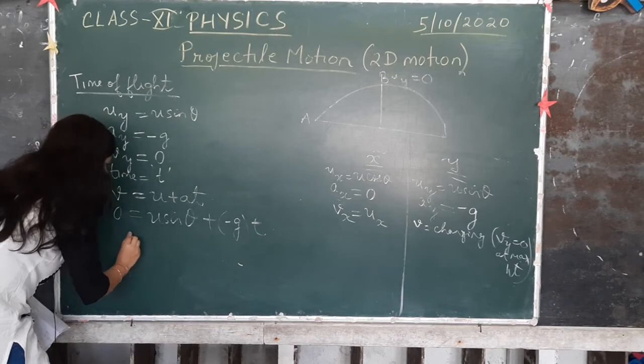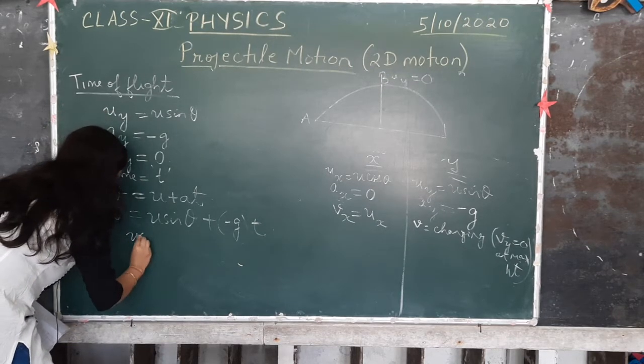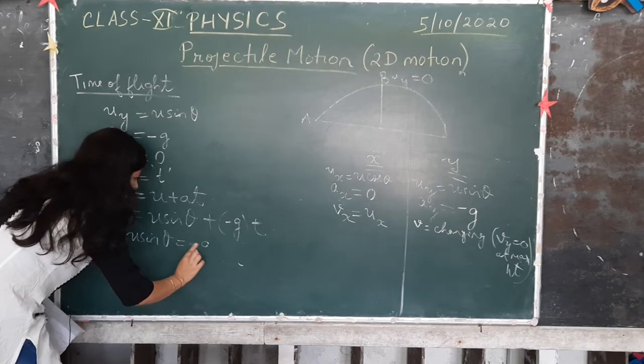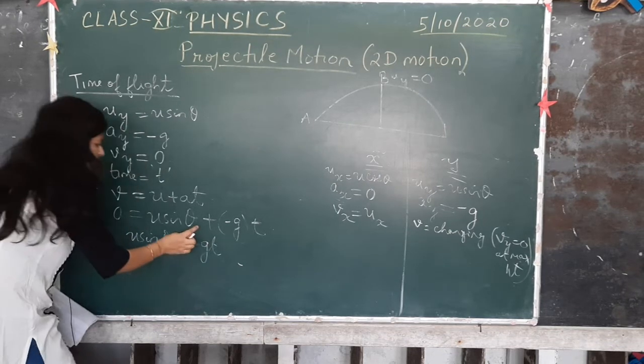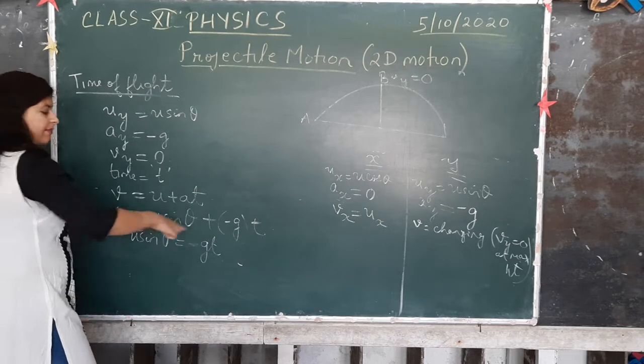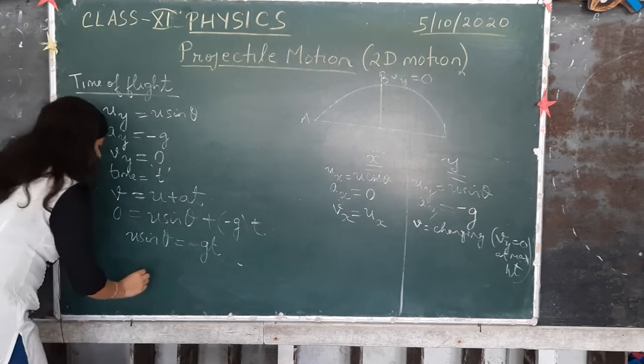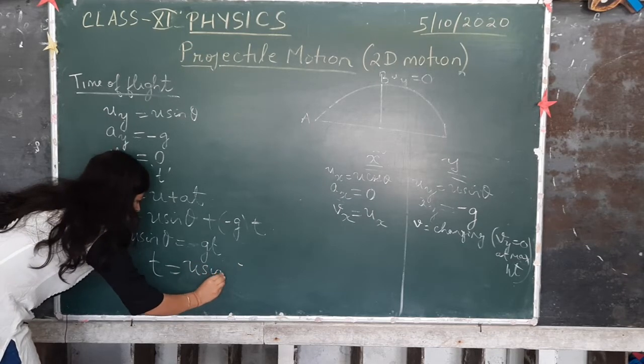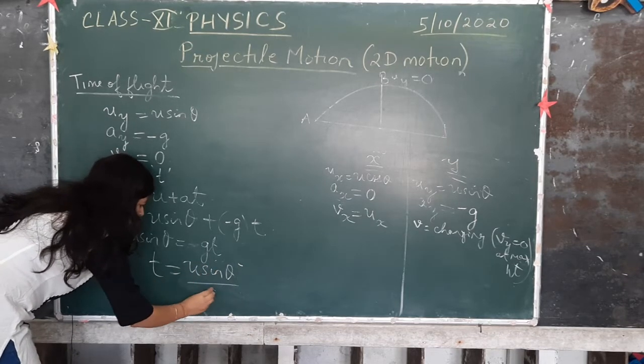So I can write u sine theta is equal to gt, because if I take it on this side, the minus will become plus. That means t will be equal to u sine theta divided by g.